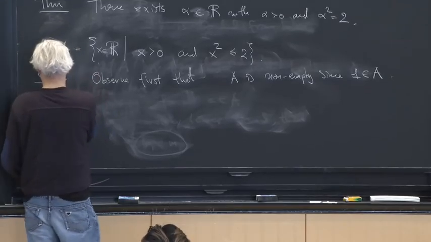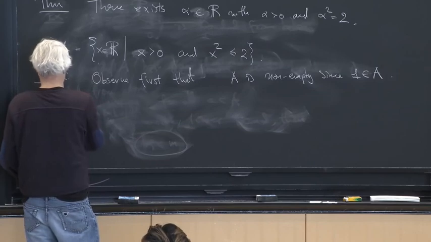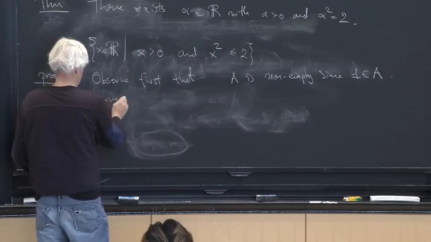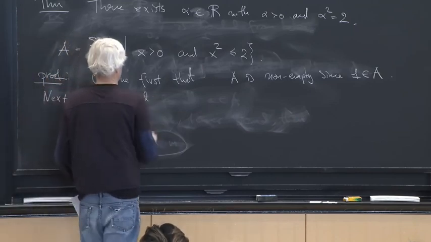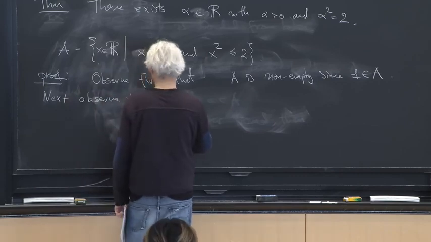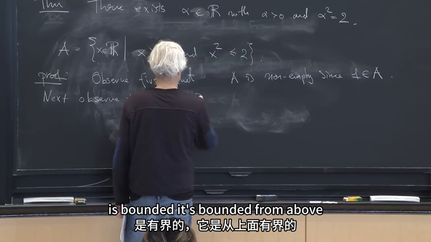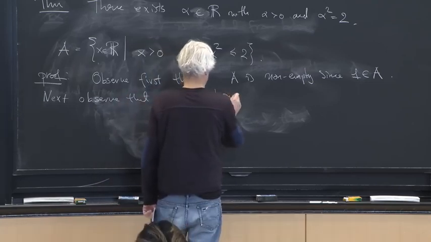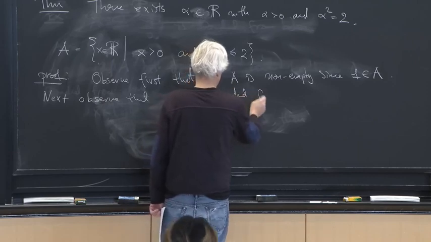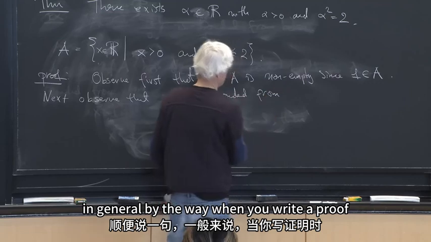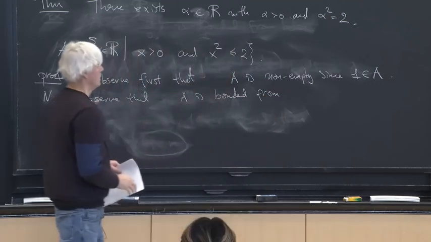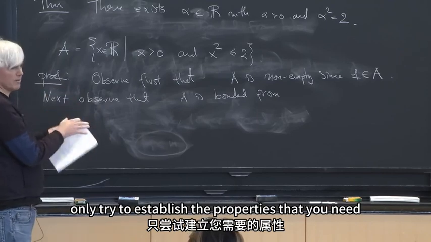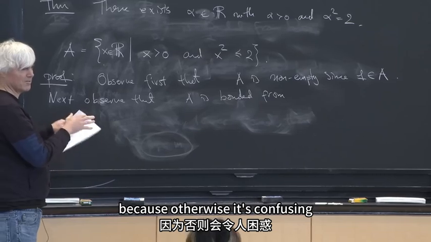Next, observe that A here is bounded. It's bounded from above. In general, by the way, when you write a proof, you really only try to establish the properties that you need, because otherwise it's confusing.